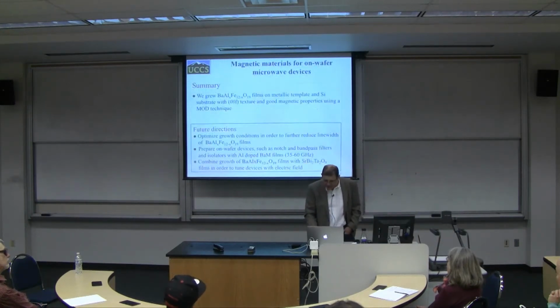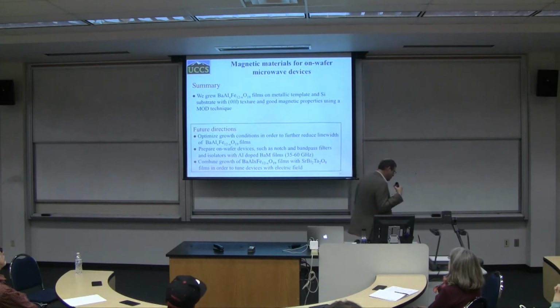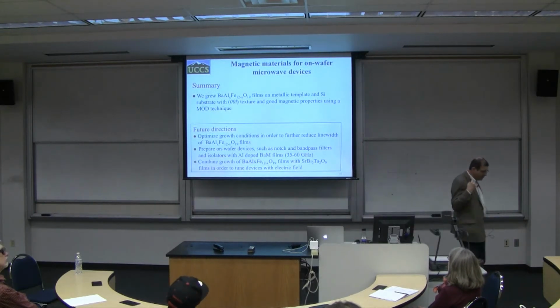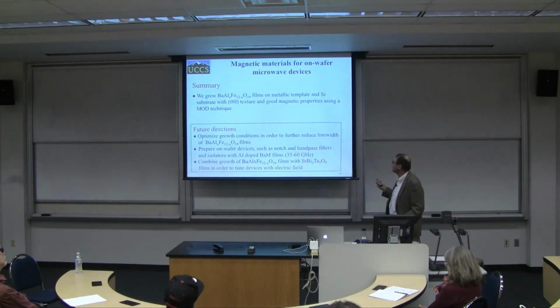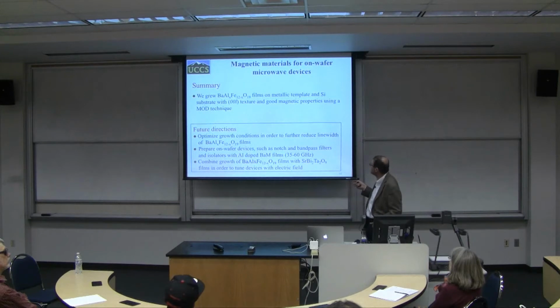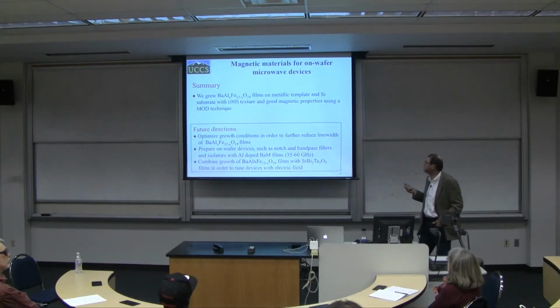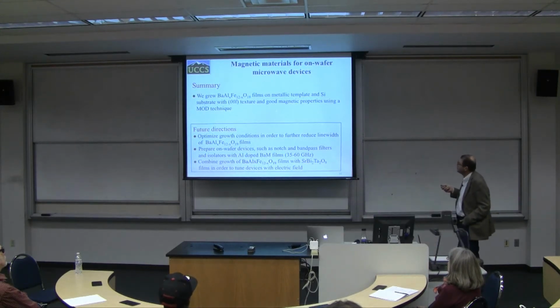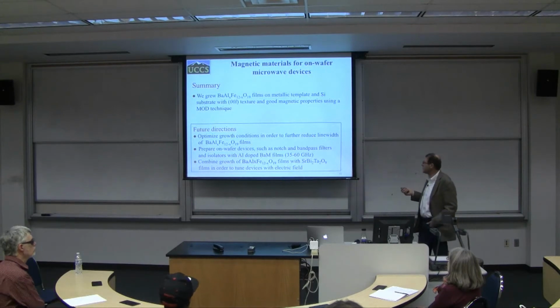Anyhow, to summarize this talk, I hope that I could show you how, using different magnetic techniques, one can fully characterize these hexagonal ferrites doped with aluminum and then determine how good they are for this particular application.